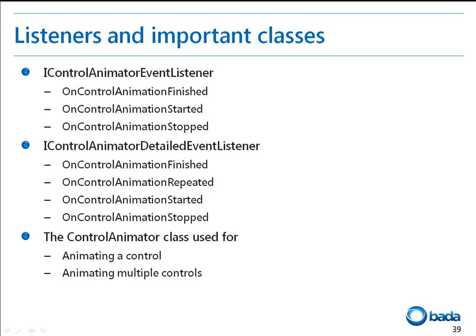All the animation methods are available in the Animations Control Animator class and can be retrieved by using the Control Get Control Animator method. In order to animate multiple controls simultaneously in an application, the Animation Transaction class should be used along with the Control Animator class.